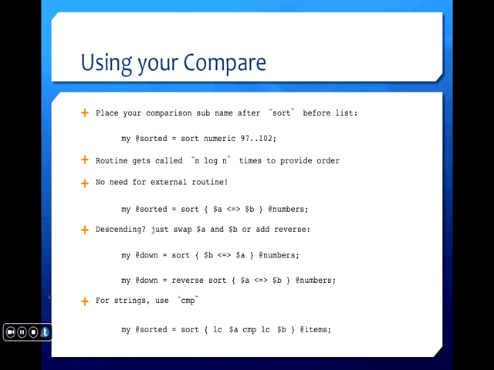It's a silly example, but just to show you how it works. It knows that I'm handling the $a and the $b the way I defined them before, and it's going to work on each two elements. We take the first one compared to the second one. If it's bigger, we'll switch it. If it's less, we'll keep it as it is. So here it's sorting in ascending order. Okay.